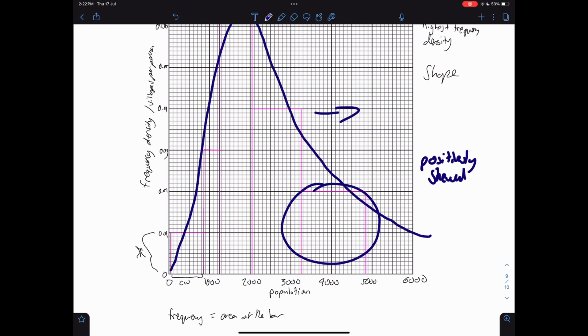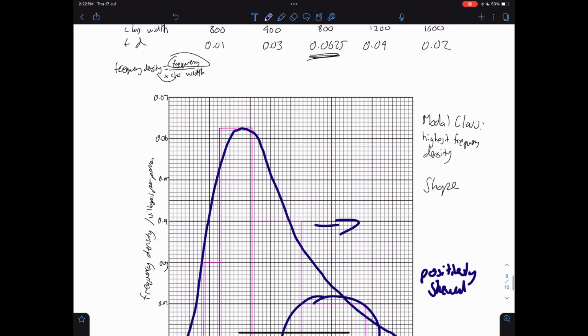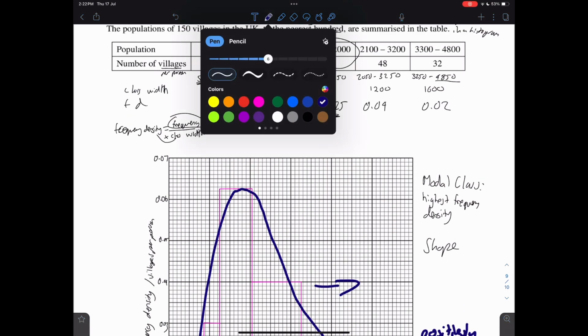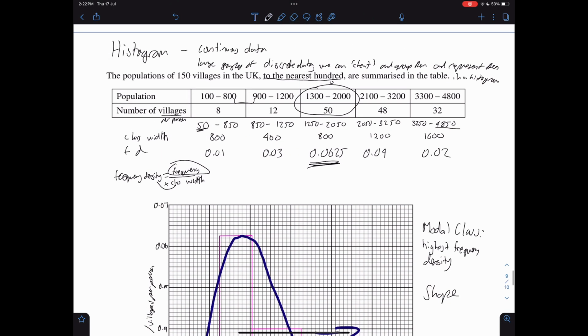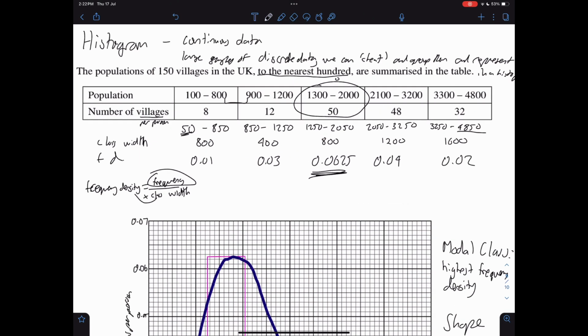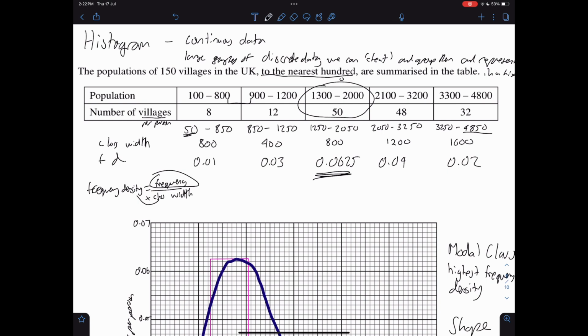And now we can move on to just a bit of an introduction to the estimates you might have to do. So you may have to do an estimate of the mean. The way you do that is you just do the frequency multiplied by each midpoint.